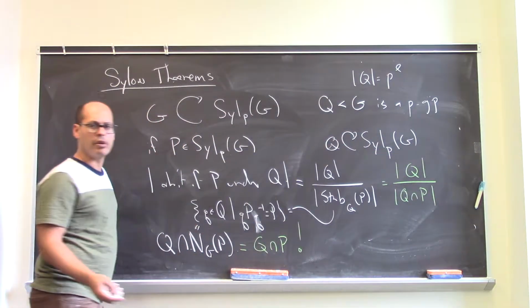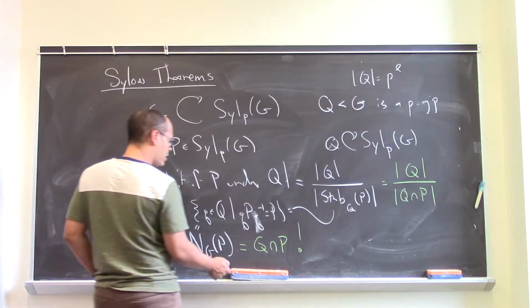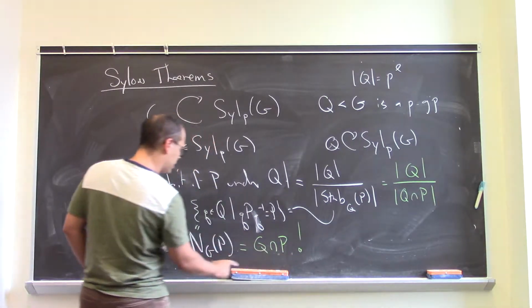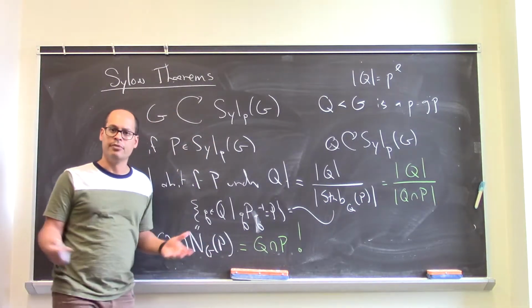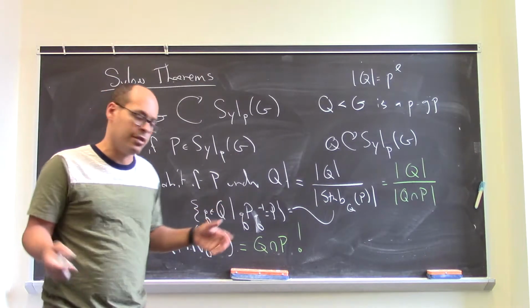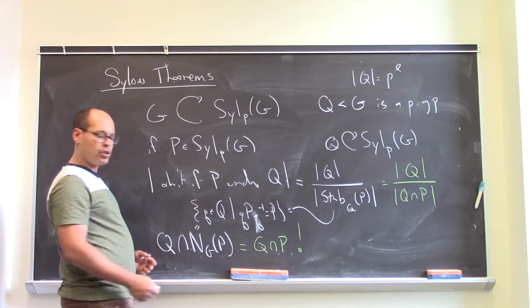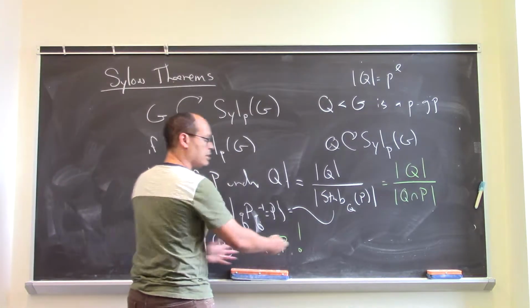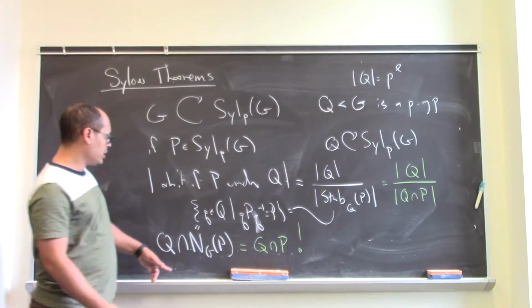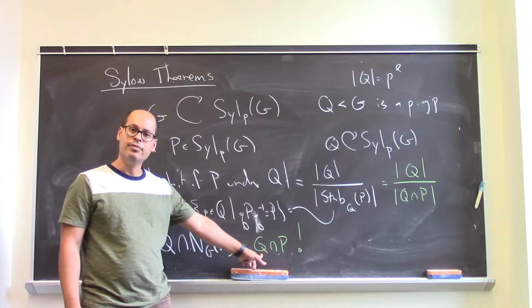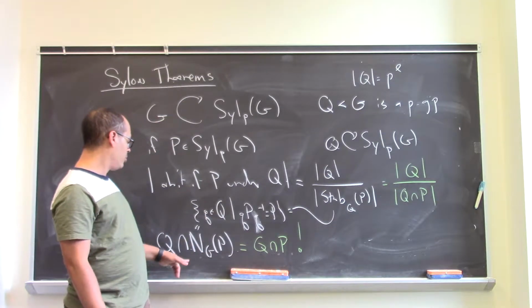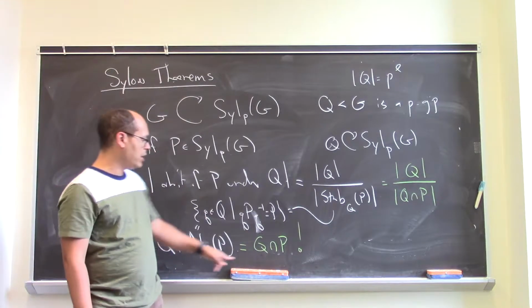Well, one direction is clear. It's clear that P is contained inside the normalizer of P. If you're in P, then you conjugate P and you're staying in P. So Q intersect P is all contained inside of the stabilizer. The trick is, why is the other containment true? Well, of course, the stabilizer is certainly contained inside of Q, because everything in here is in Q, but why is it all inside of P?